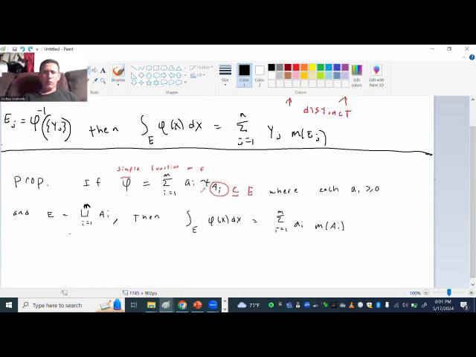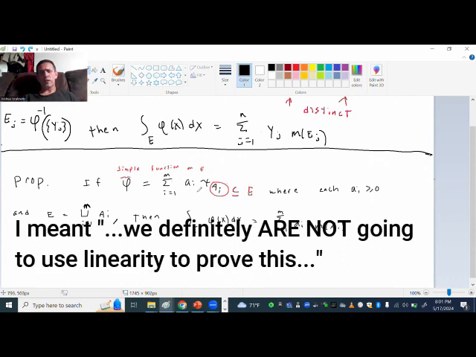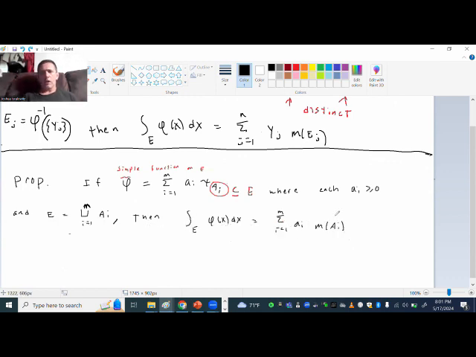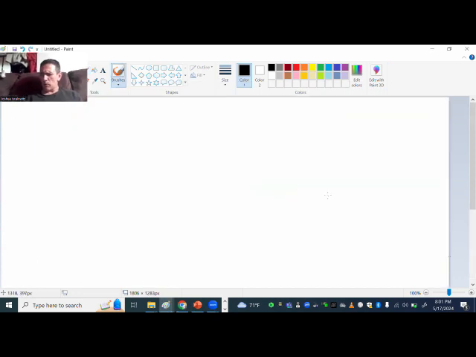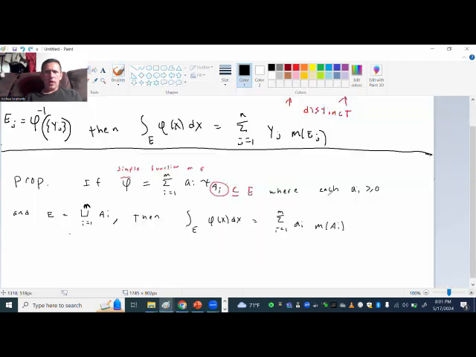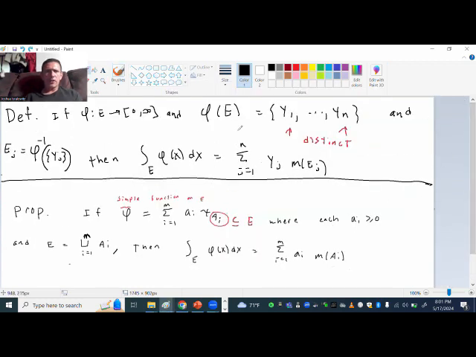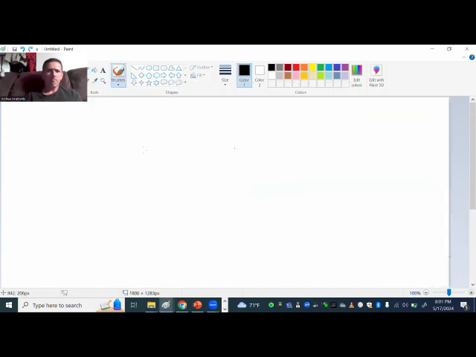So we're not being circular here. We definitely did not use linearity to prove this, because we don't know yet that linearity is true for the integral of non-negative simple functions. So that's what we're going to prove right now. And to be clear, when I write integrals, I'm using this definition of the Lebesgue integral of a non-negative simple function.